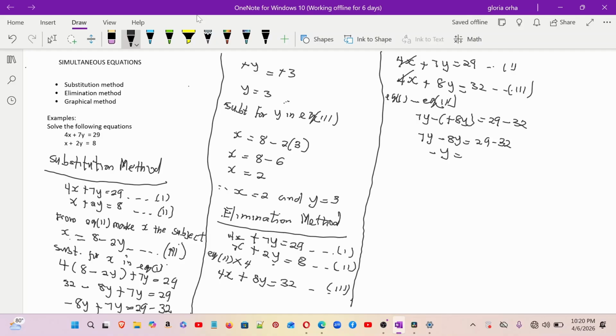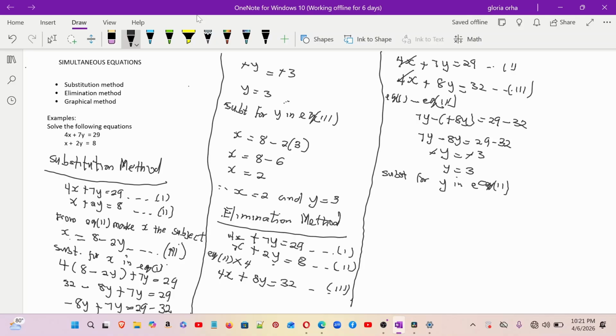Since we have solved for y, we can now substitute for y in any of the equations. We can use equation 1 or equation 2 or equation 3. We still arrive at the same answer. So let's use equation 2.